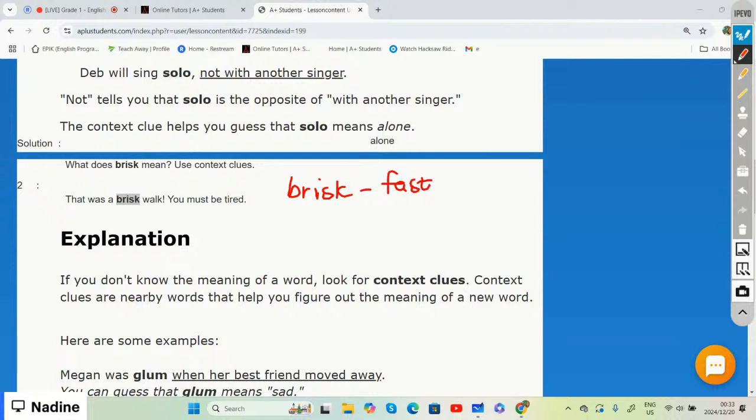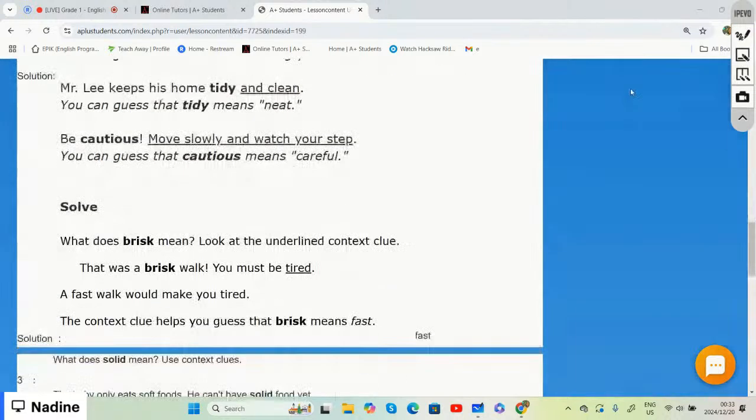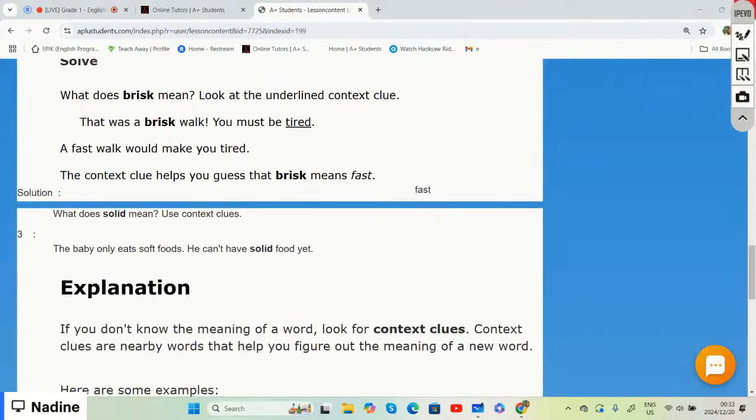And that is brisk. All right. And then look at the last one, and then we're going to our test. So brisk is either a fast or quick walk.